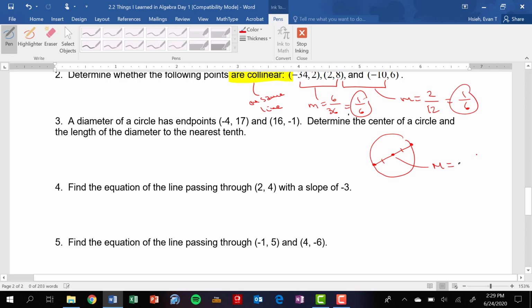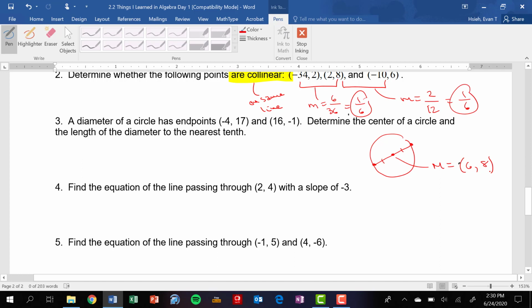So the midpoint is going to be the average of the x's, which is 16 plus negative 4 divided by 2, so it's 6. And the average of the y's, which is 8. So that point is going to be 6, 8.